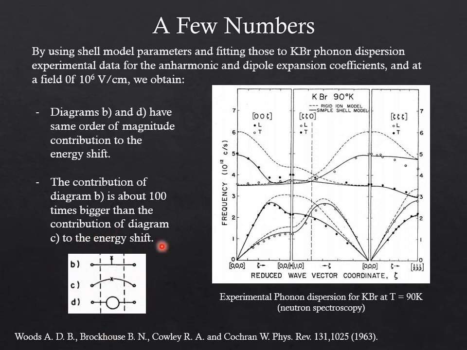And here the only delta term is the phi 3, which is in the middle here. But you see that the contribution from diagram B is 100 times bigger than this C diagram here. So it tells you a lot about how much it depends on your system, depending on which diagram has a better contribution on the self-energy change, and of course on the dielectric susceptibility.